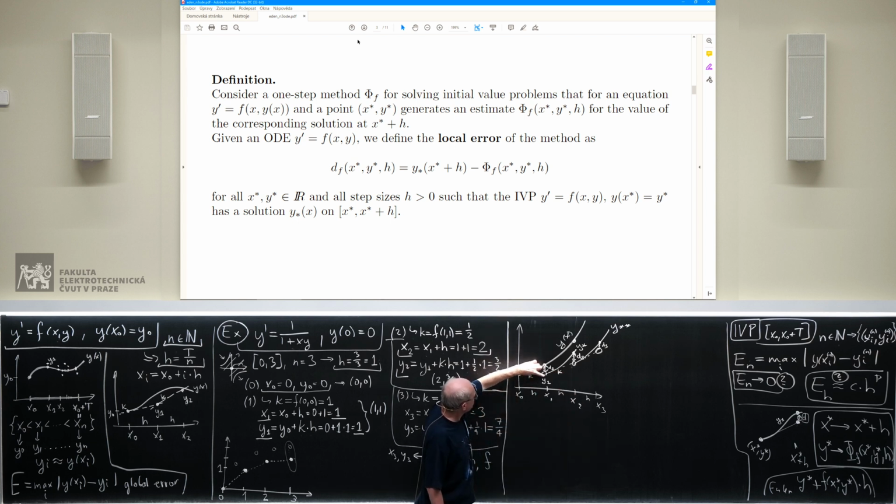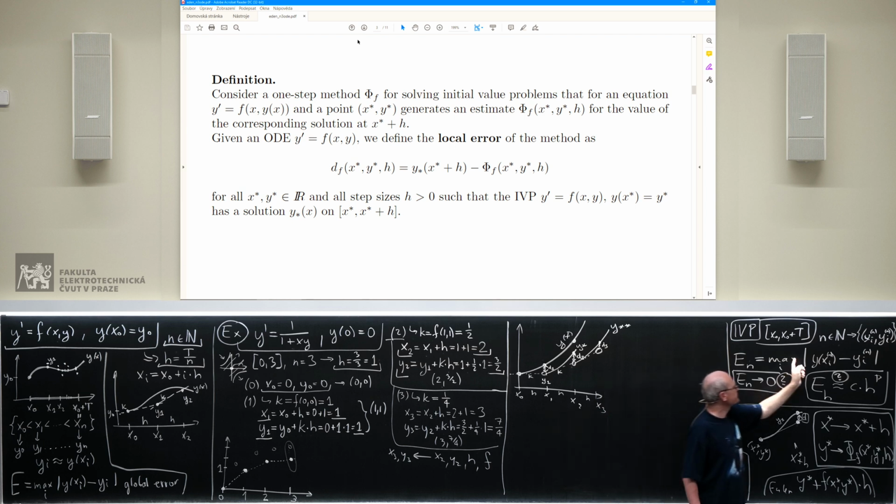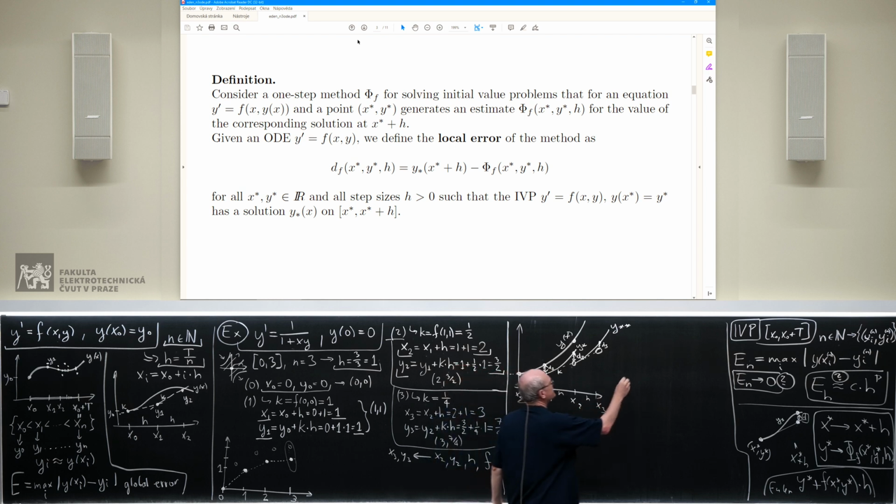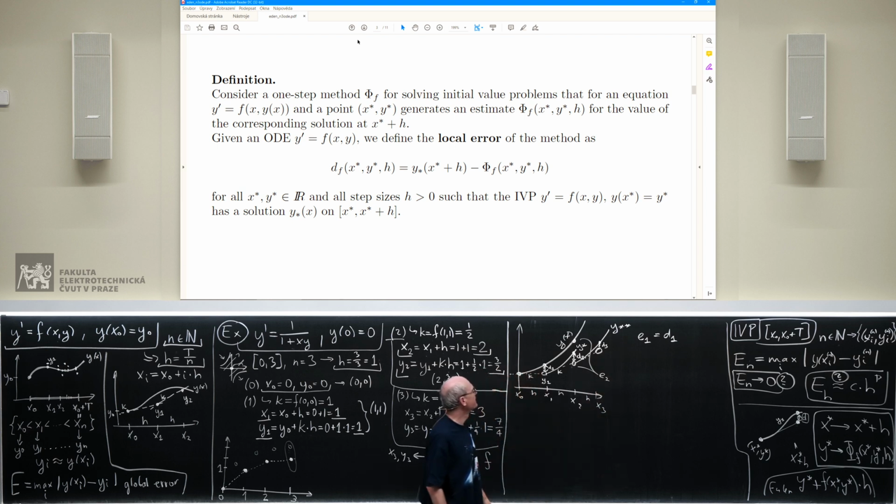For the first point, the distance that we want, let's call it E, so this will be E1, this distance is actually the same as the local error. How about the second point? Let's have a look at this distance. Let's call it E2. So this distance will be E2.